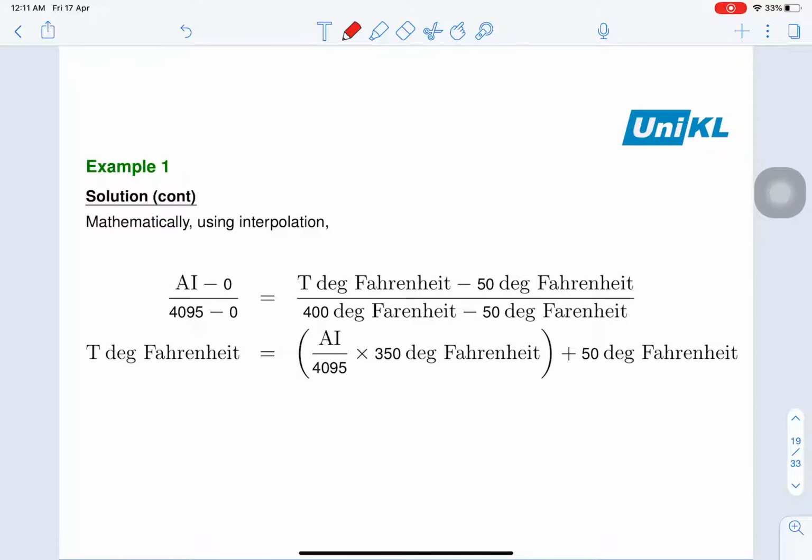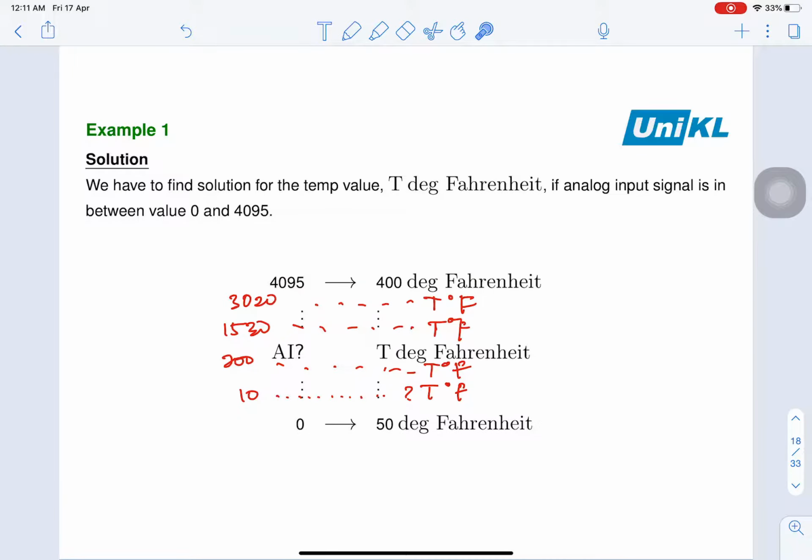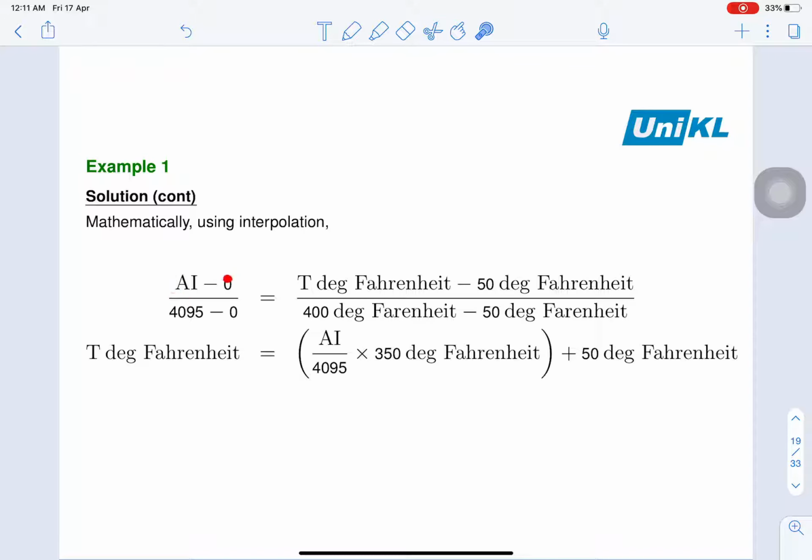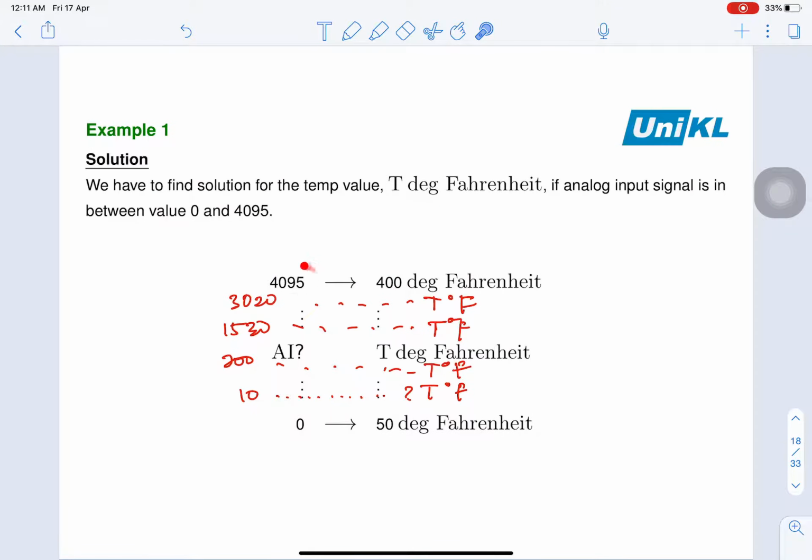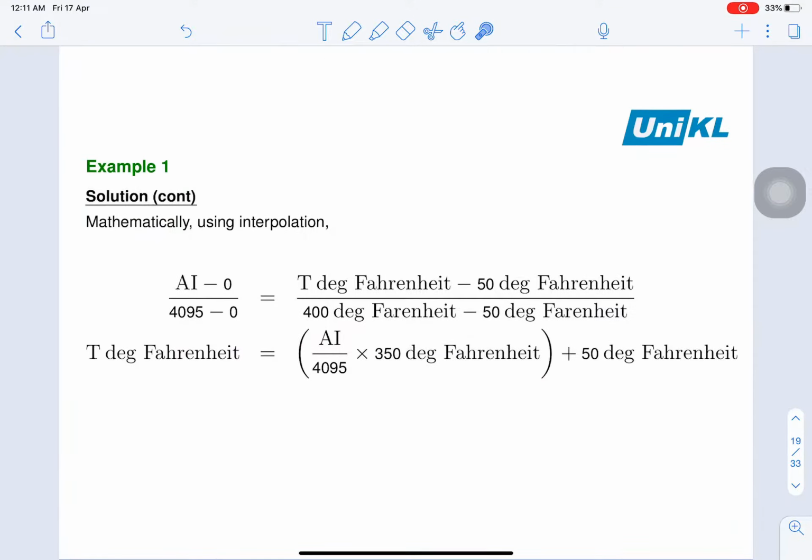Mathematically, we can interpolate that the relation is such that the value of the analog input minus 0, over the maximum value of analog input minus 0, must be similar to the temperature ratio.